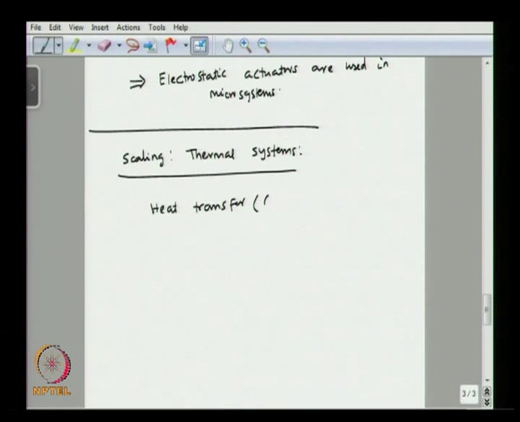So let us say Q transfer is going to be K A delta T over L. So it is going to scale as K delta T into L. So Q transfer scales as length scale.